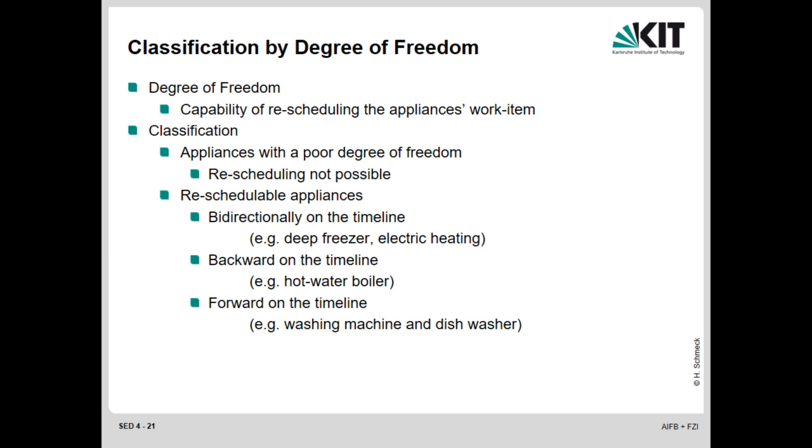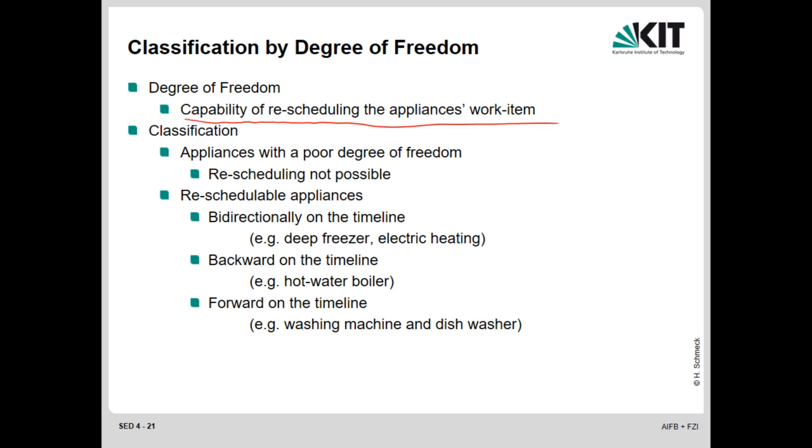Okay. Now, how can we do that? We have to do that in a systematic way. It means we look at the different devices and try to find out their potential capability to provide flexibility. So we talk about a degree of freedom. I did that several times already. That's the capability of rescheduling the appliance's work items.